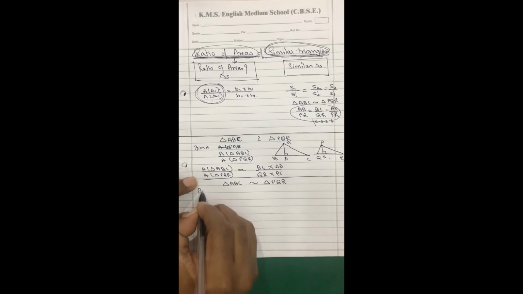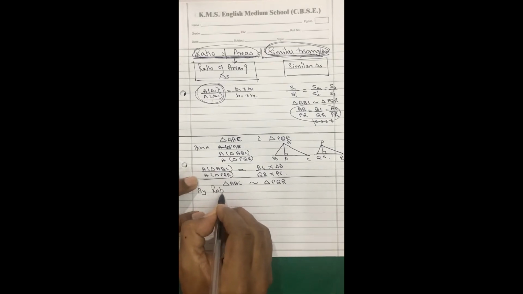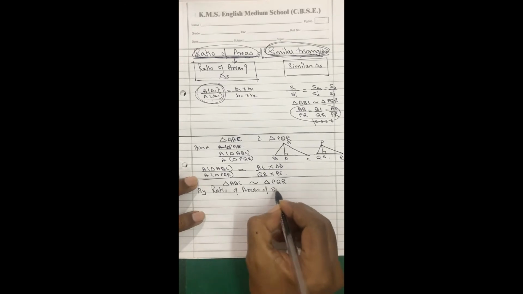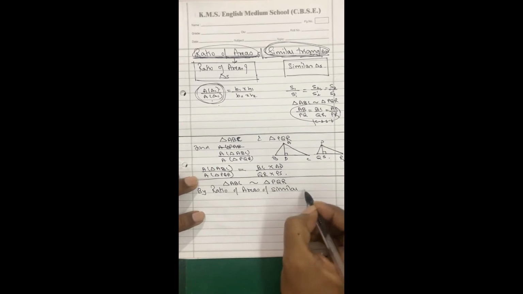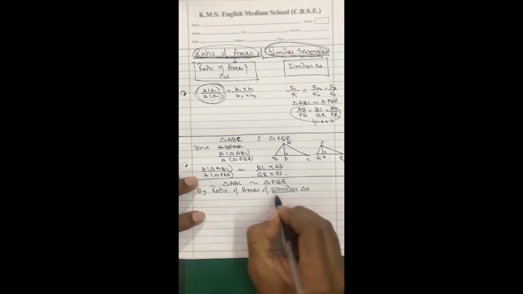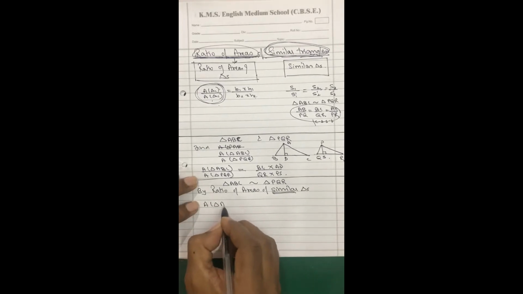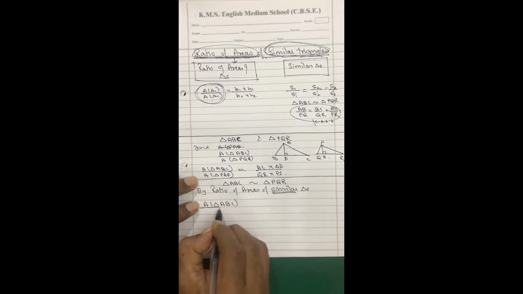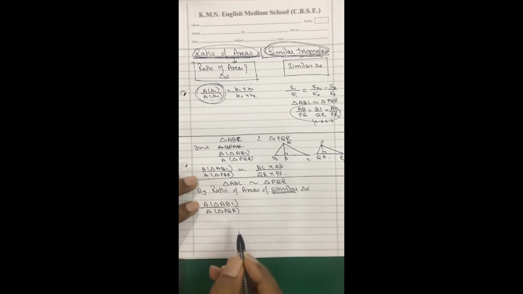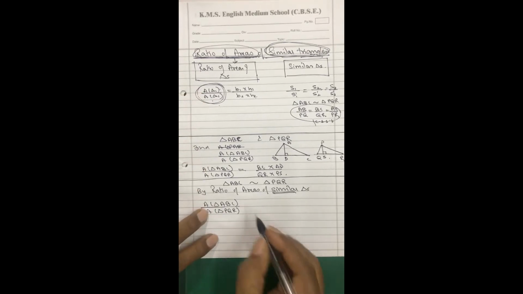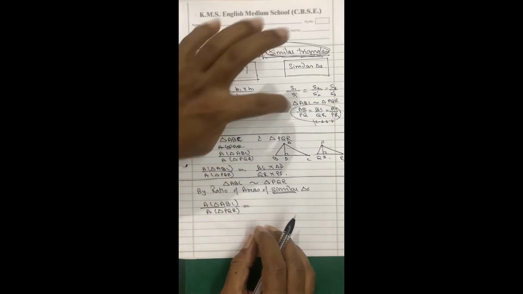By ratio of areas of similar triangles, remember this is applicable when similar triangles are there, I will definitely get area of triangle ABC upon area of triangle PQR. The left hand side will be of the same sort and the right hand side will be of this sort.